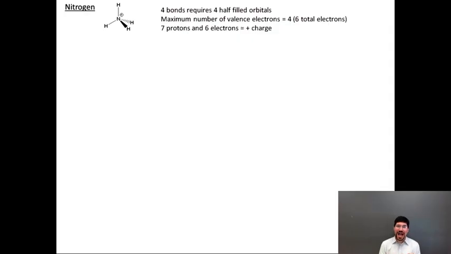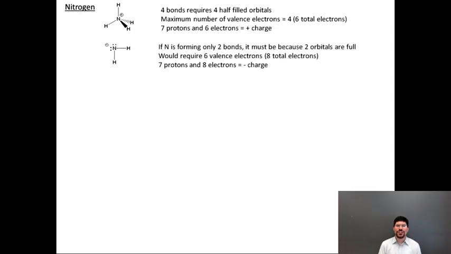If it had the 5 valence electrons that it would like to have, two of them would have to be paired up. There would have to be a lone pair, so there would only be 3 available orbitals. So with 4 valence electrons around nitrogen, there are 6 total electrons adding in the core electrons. So 7 protons, definition of nitrogen, 6 electrons, overall positive charge.